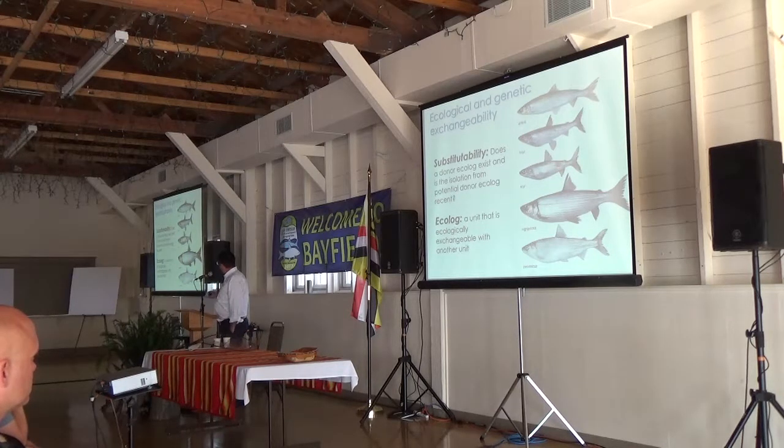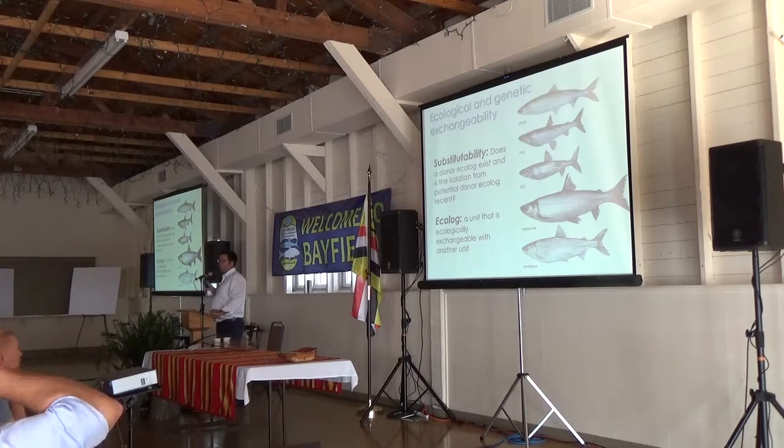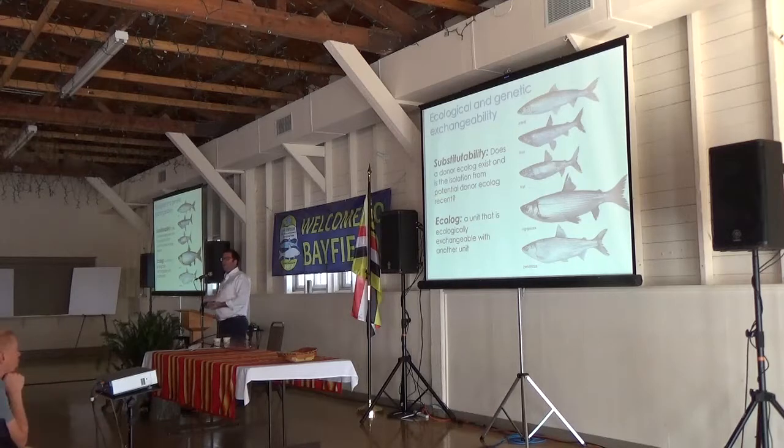So what the authors mean by ecolog is that it's a unit that is ecologically or genetically exchangeable with other units. So we know, as I mentioned, for the case of the extant forms in Lake Michigan, they're not ecologs, they're not exchangeable.